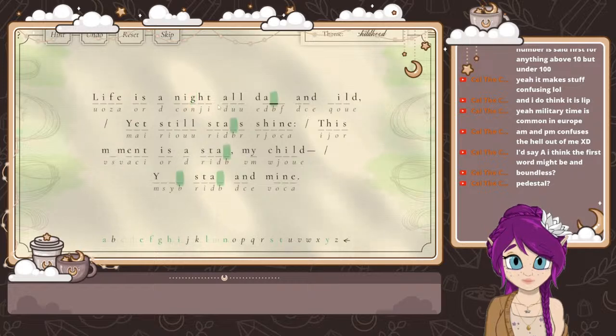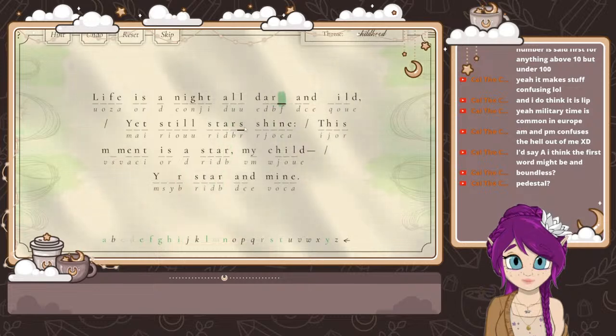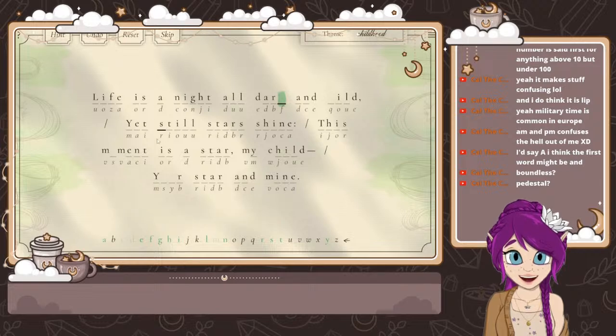Night. Life is a night all. Yet still. No, stars. Still stars shine. Still, and yet still. Okay, let's try that again.